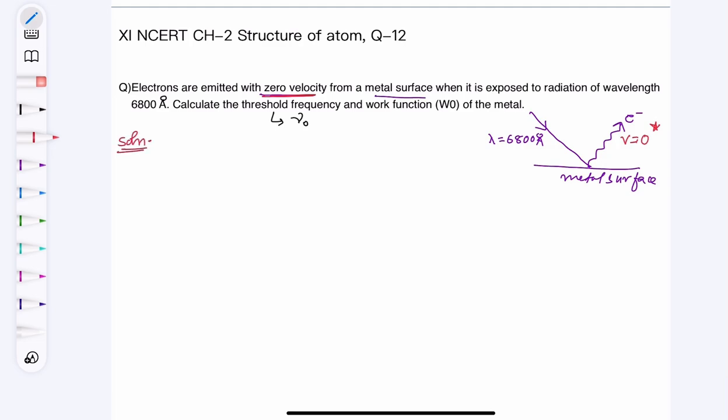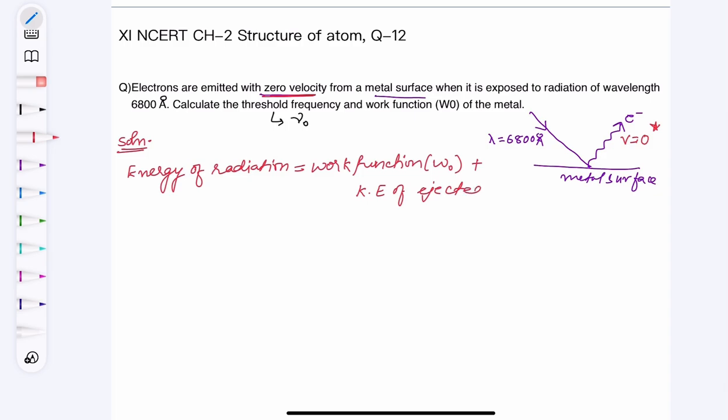We know that the energy of radiation which is falling will be equal to the work function, which we represented as W naught, plus the kinetic energy of the ejected electron.